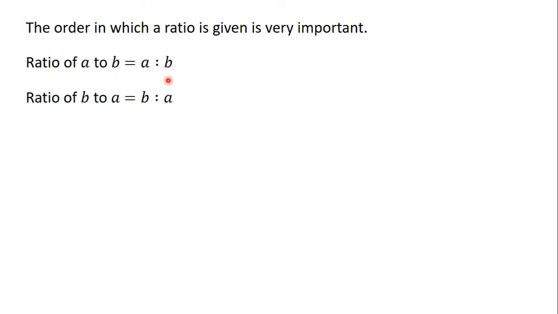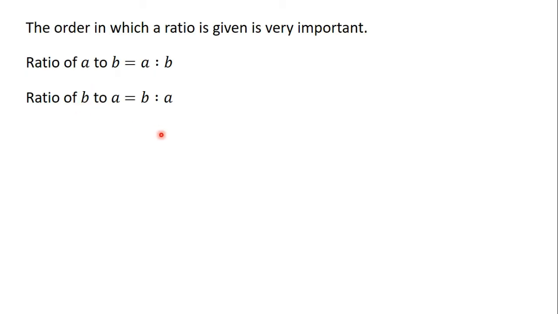If there is a third quantity, it comes third. So we can see that the ratio of A to B is different from the ratio of B to A.